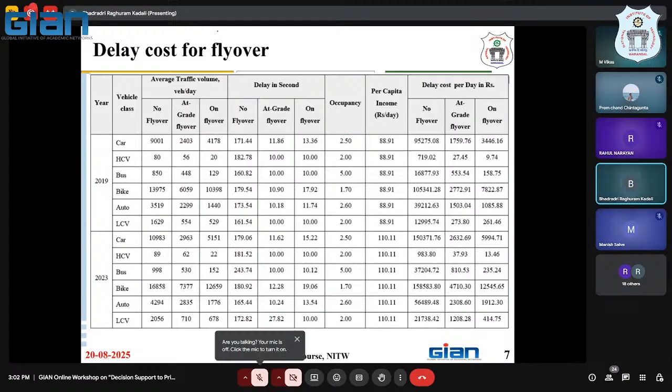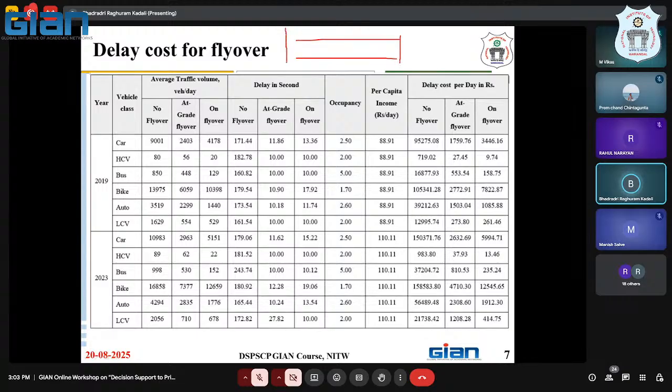For the no-flyover, at-grade case, we have estimated the delays the same way using different approaches. Under different conditions, we have different speeds. Basically we know the actual speed of the vehicles in the different scenarios and the design speeds, and corresponding to that, the expected travel time by knowing the distance on the flyover, because we know the starting and ending points of the flyover.